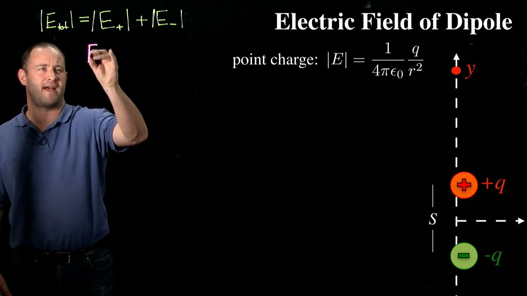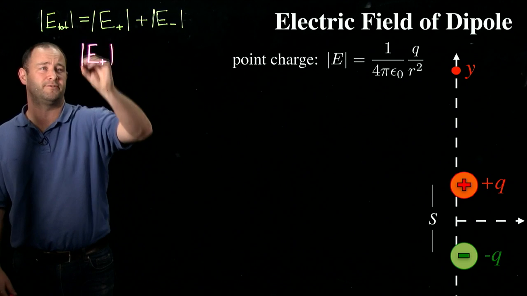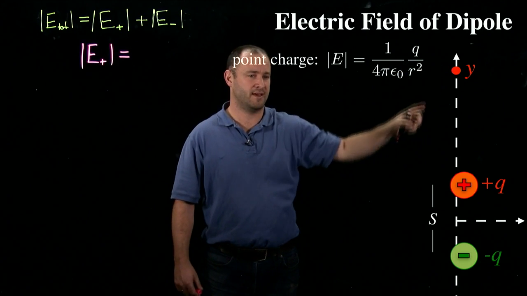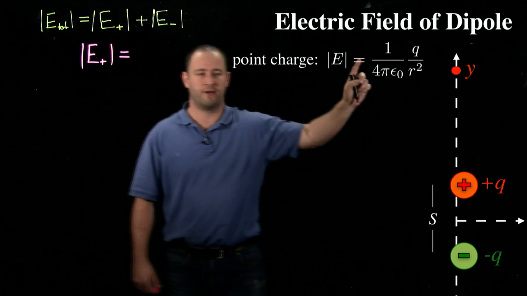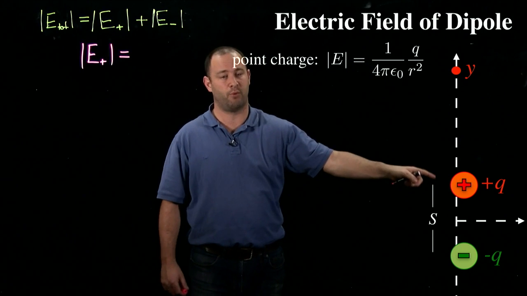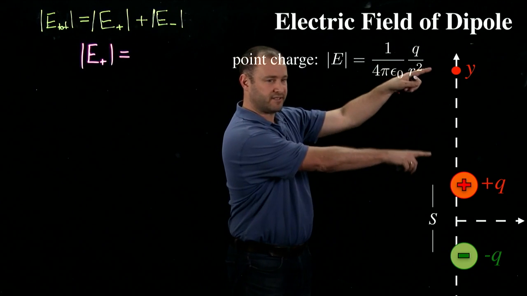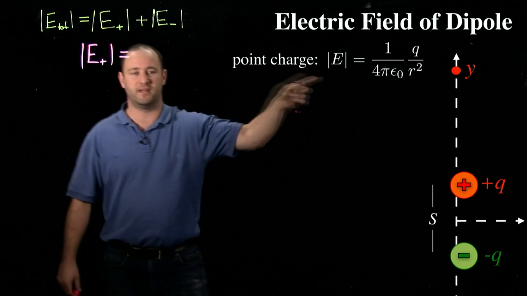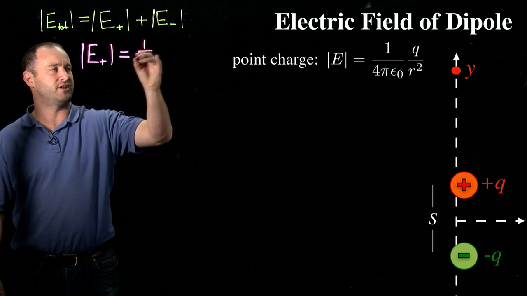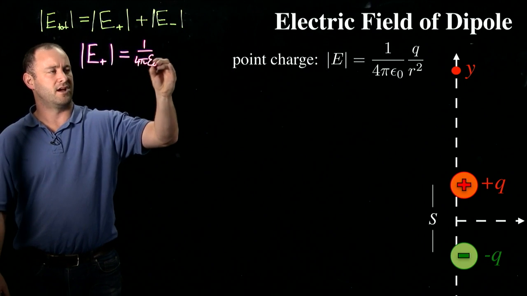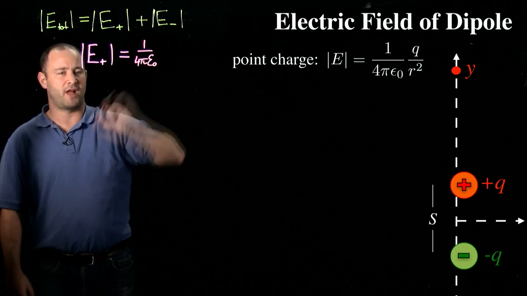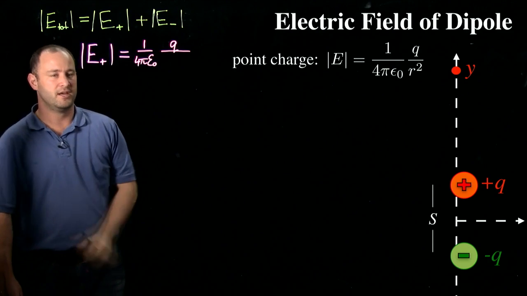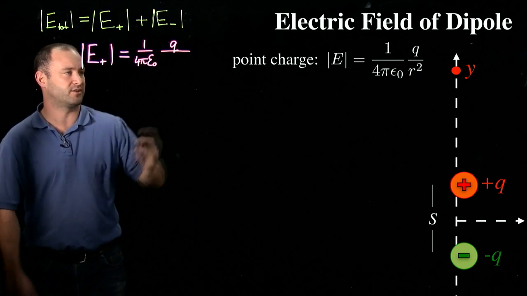Let's first work out the value of the electric field from this positive charge. Just as a reminder, this is the point I am up here, and this is my positive charge up here. I'm treating this essentially like a point charge. So the electric field from the plus charge is equal to 1 on 4 pi epsilon naught, multiplied by the value of the charge, which in this case is simply q, divided by r squared, the distance squared.